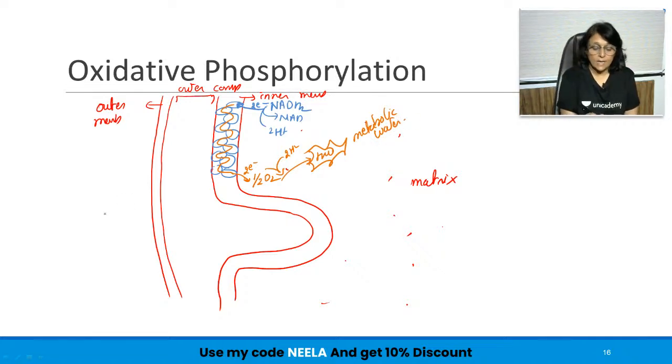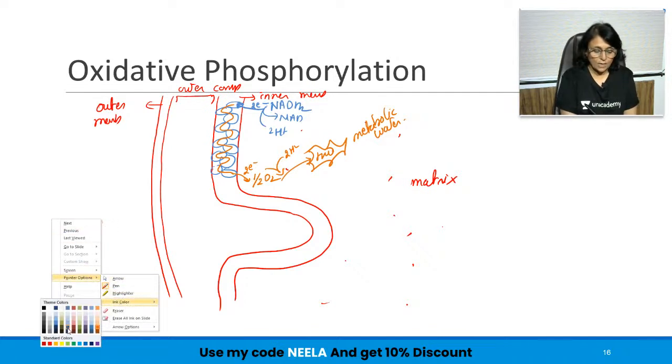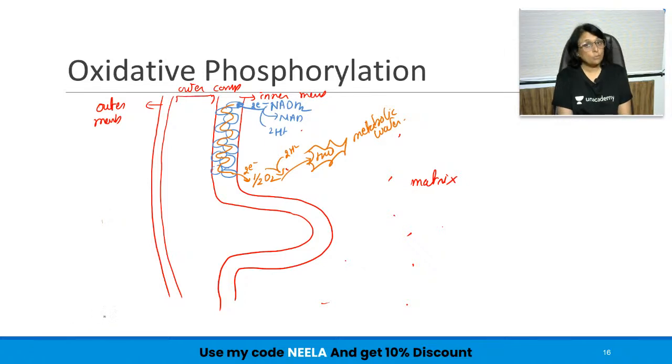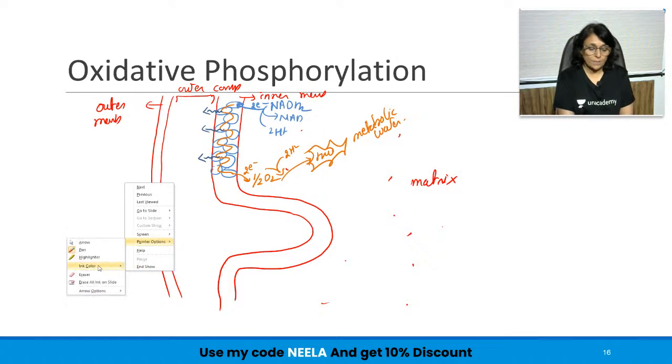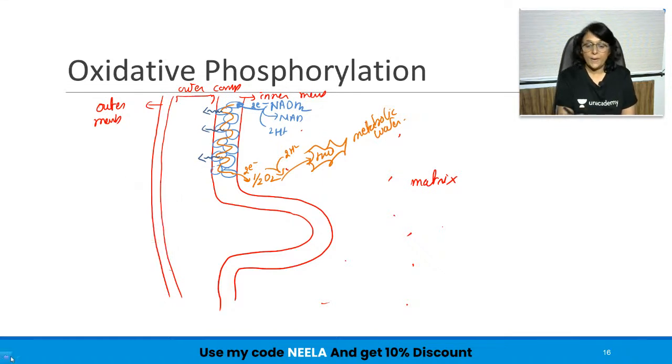When this electron was passing through the electron transport chain, at 3 places energy was released, 1, 2 and 3, and by using this energy, a pair of protons from the matrix was pumped into the outer compartment.